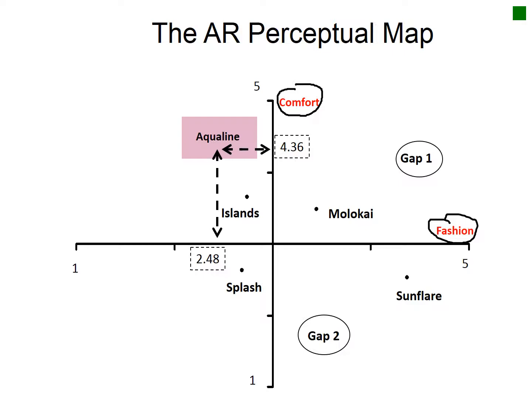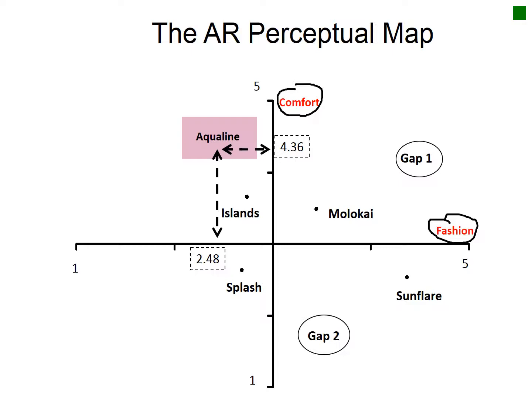And we can go ahead and plot these specific brands onto this perceptual map, and we can get a good idea. So Aqualine and Islands are still fairly close to each other. Sunflare is still pretty far away from them. And then in between here, we have Splash and Molucca.